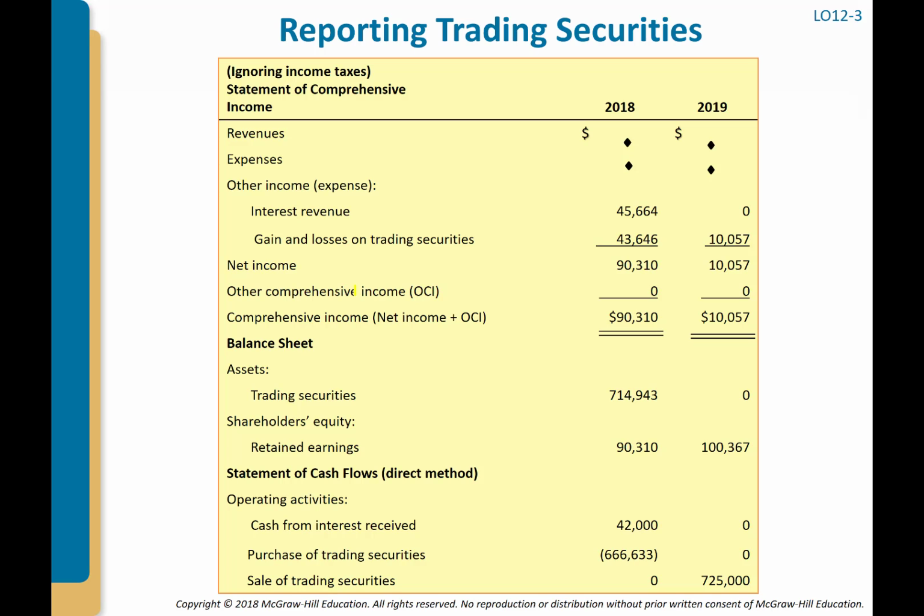Thank you. Okay, good. And how about the gain? Is the gain like a revenue, but we call it a gain? Right? Okay. So we have that at 43,646. So we're going to debit the gain.